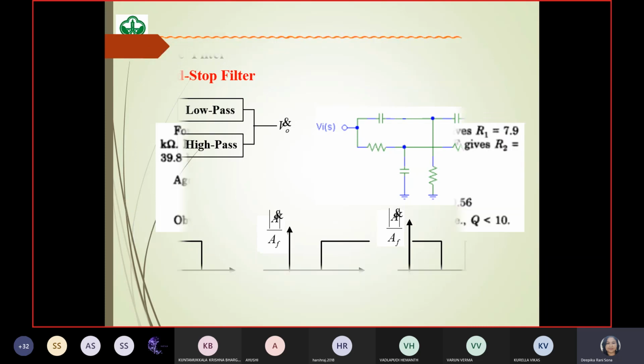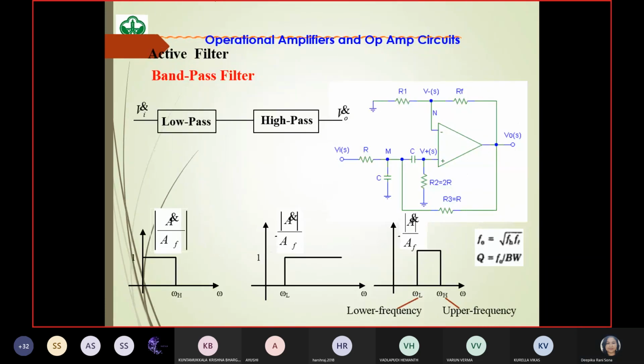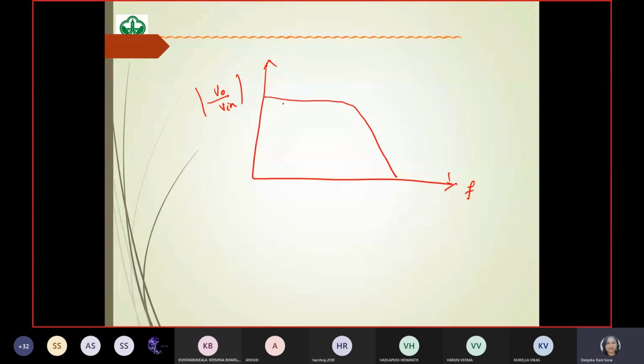Okay, frequency response in the sense, here you may get V naught by V in with respect to the frequency in hertz. This is suppose 100 hertz.